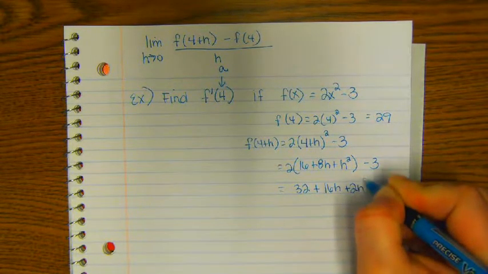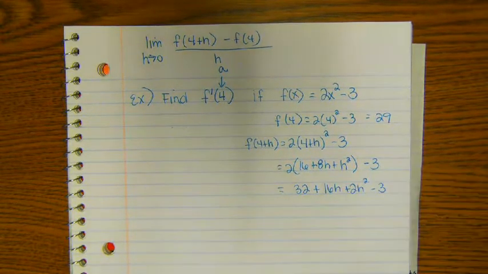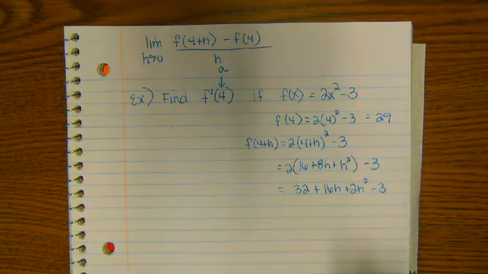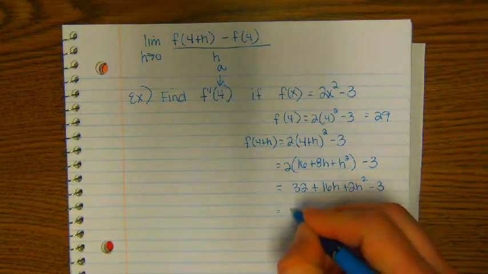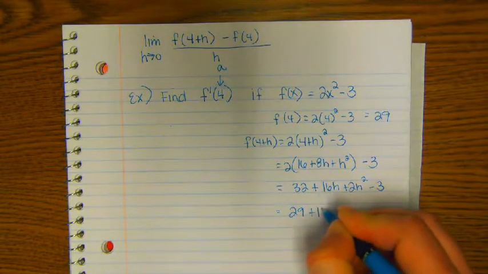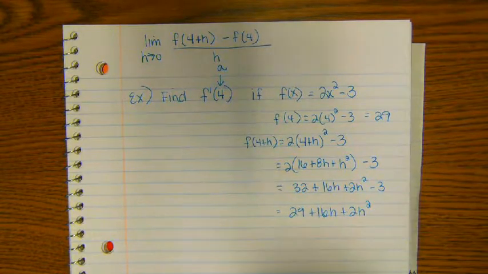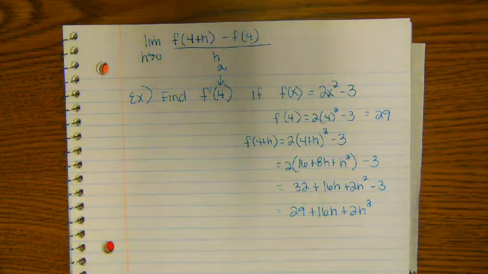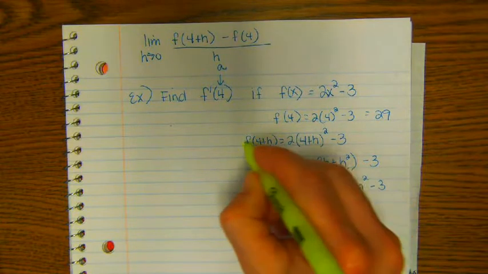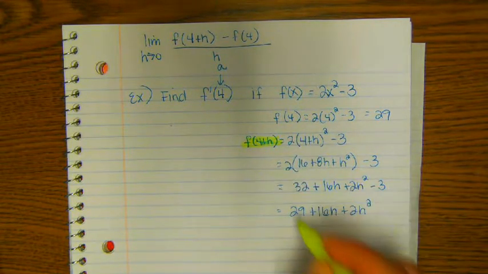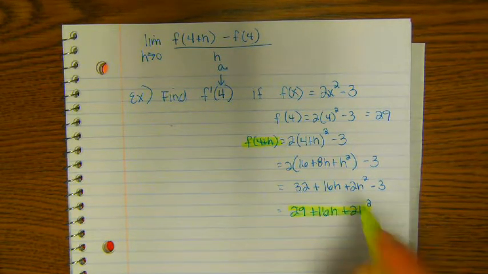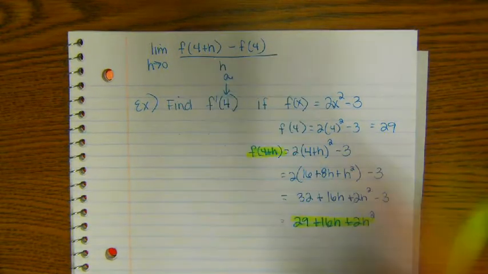And then can I add any like terms? 32 minus 3 is 29. Okay. F of 4 was 29. I'm going to put that up there over h.